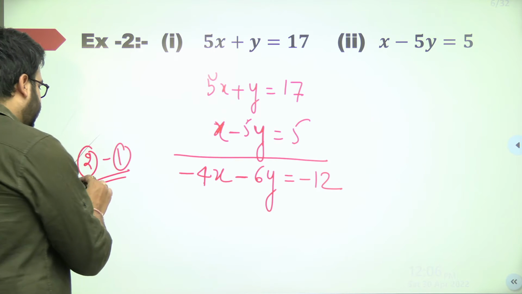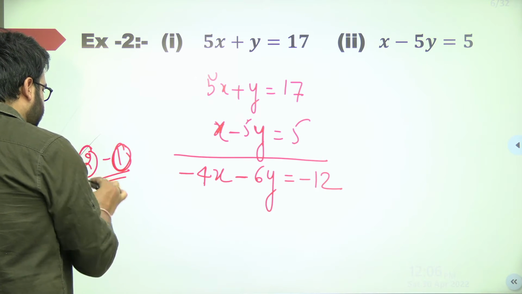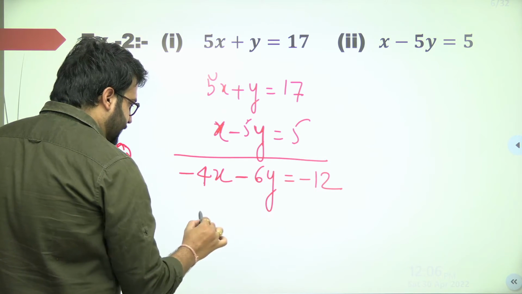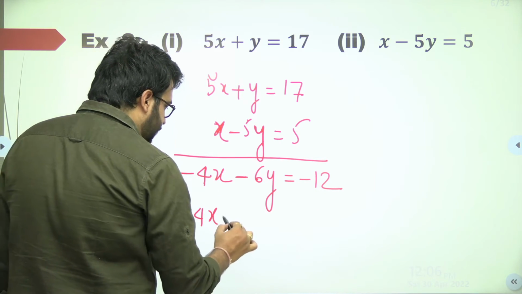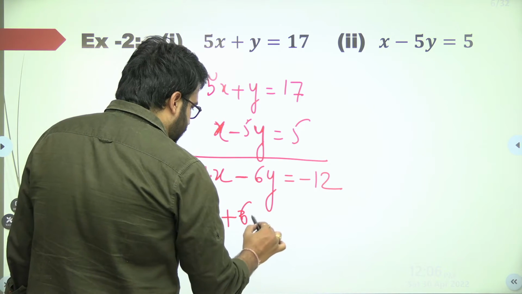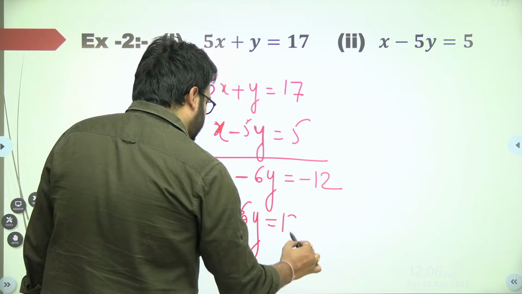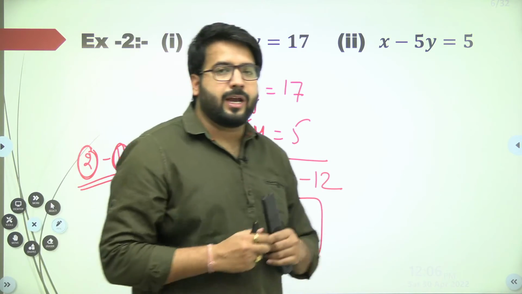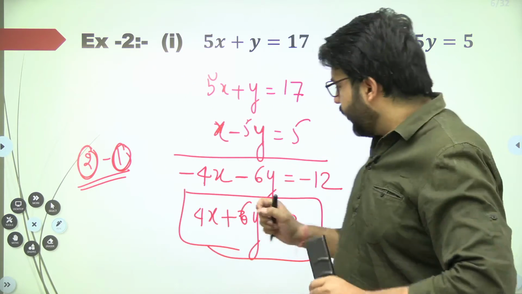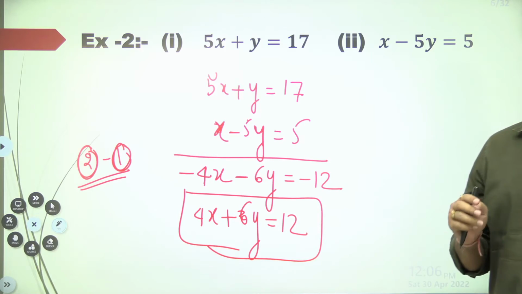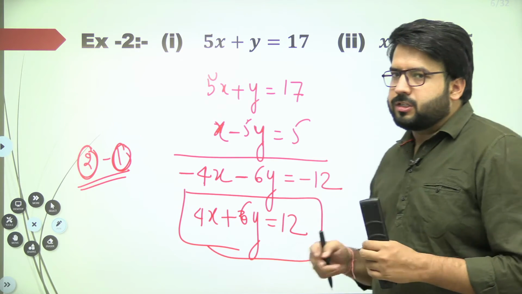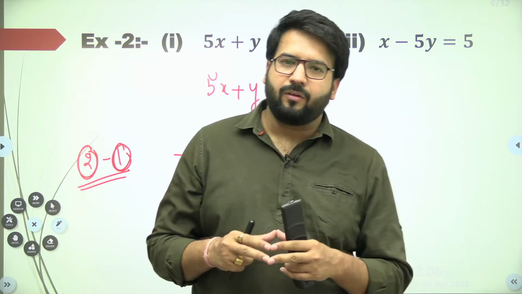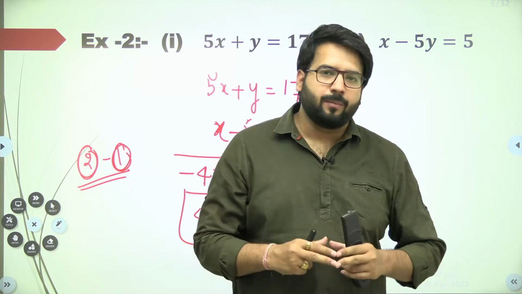So when you subtracted equation 1 from equation 2, what did you get? If you multiply each term by a negative value, you will get 4x plus 6y is equal to 12. So again you can see, on subtracting these equations we are getting a positive value. And if the expression comes in positive form, then we will not be 100% sure whether x is greater than y or x is less than y.